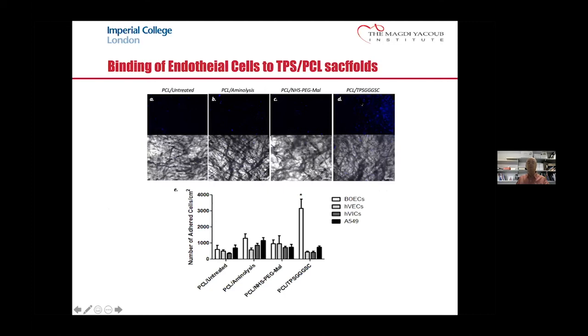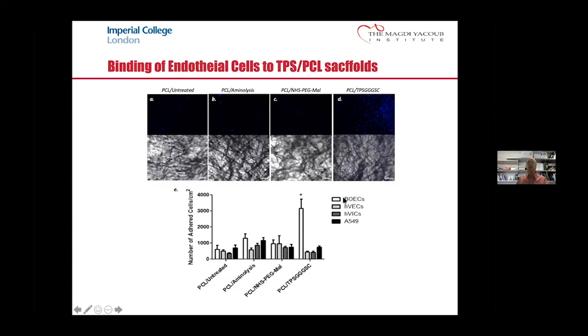I know it doesn't look very good on my screen. You can see there's more blue dots in this panel compared to the others. But when we look at this by quantifying the number of cells binding at each treatment stage, we compared BOEC, which stands for blood outgrowth endothelial cells.